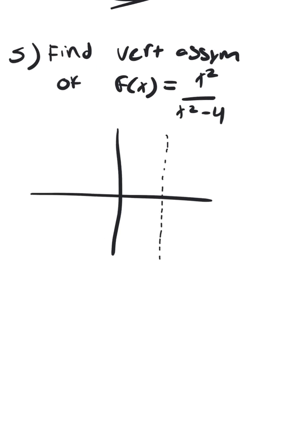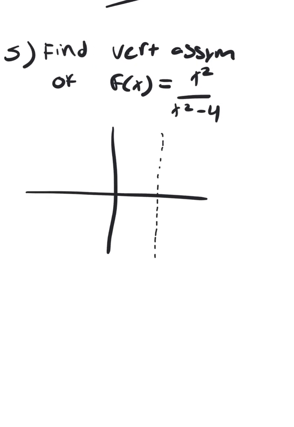Now, in order for this to happen, the denominator must equal 0. So what can we plug in here to make it equal to 0? Obviously, we can plug in 0 for x, but that would just be this line here.